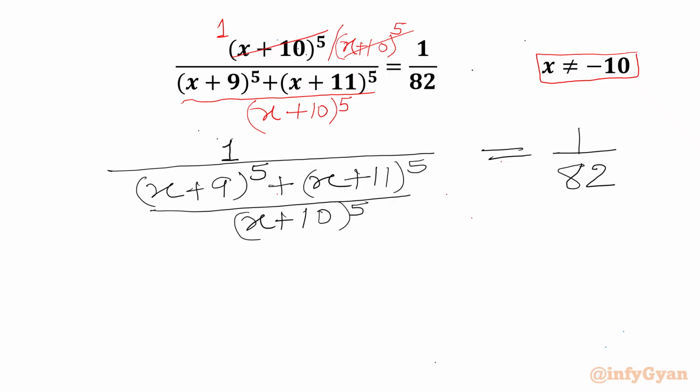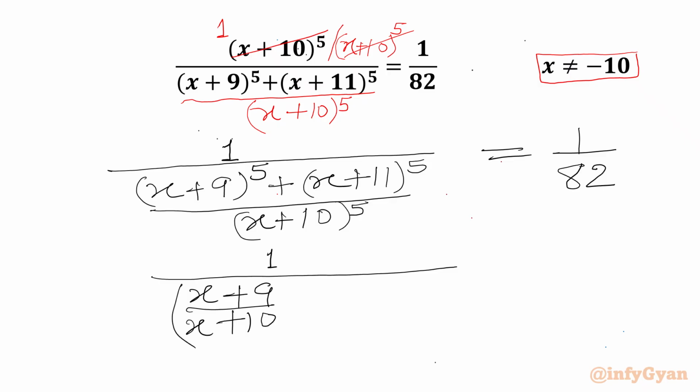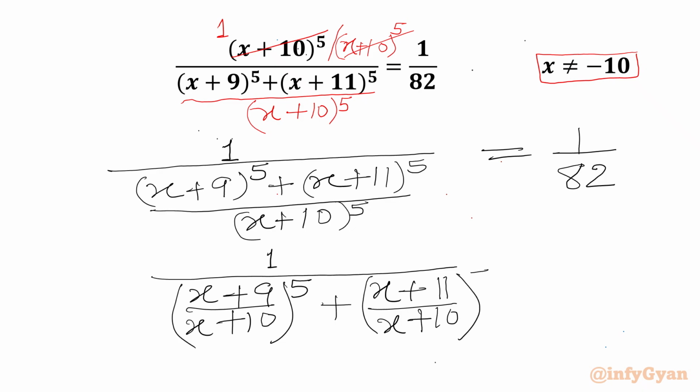Or I can split our denominator. So I will write here 1 over ((x+9) over (x+10))^5 + ((x+11) over (x+10))^5 in the denominator itself equal to 1 over 82.